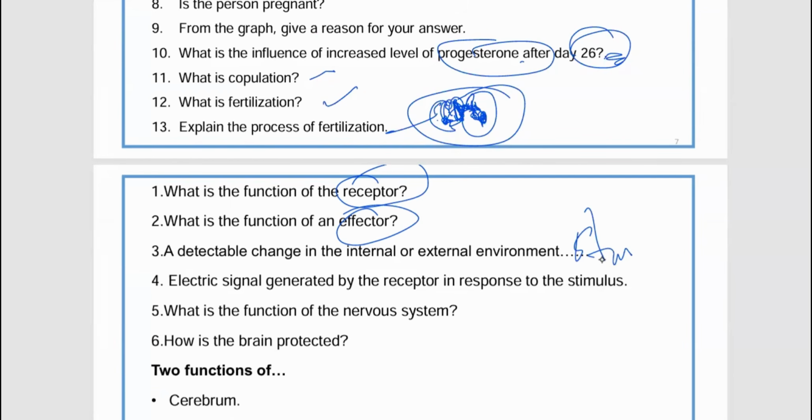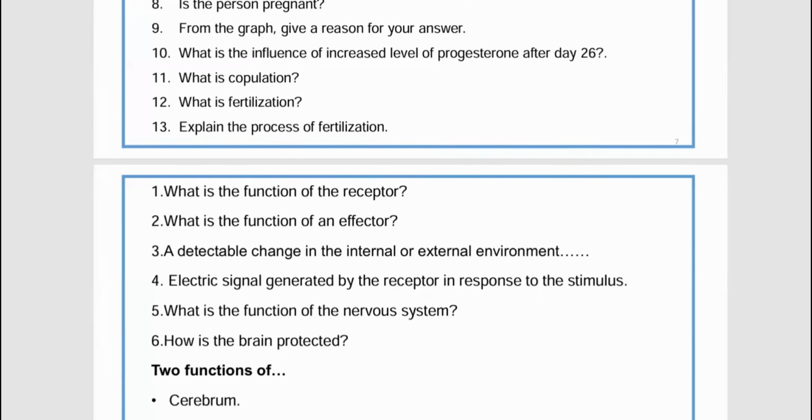And an electrical signal generated by the receptor in response to the stimulus, we call it an impulse.